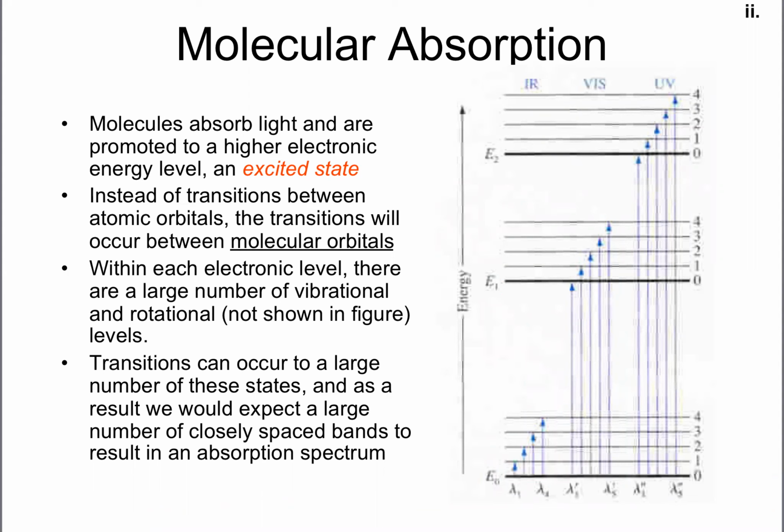Well, in molecular absorption, we've got collections of atoms bonded together, don't we? Chemically bonded together. Now, what's the significance of that? Well, one of the major significances: within each of these electronic levels, which are E0, E1, E2 here, okay? These are all electronic levels.